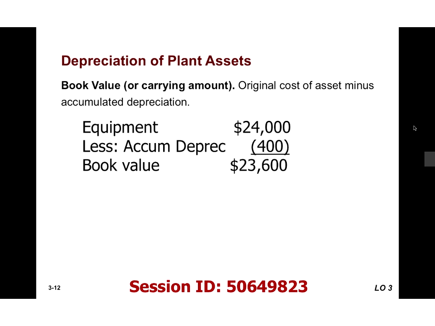depreciation. In our example here, the equipment's original cost was $24,000. Accumulated depreciation, we've only had 1 month of it, was $400. So the book value of that equipment is $23,600.